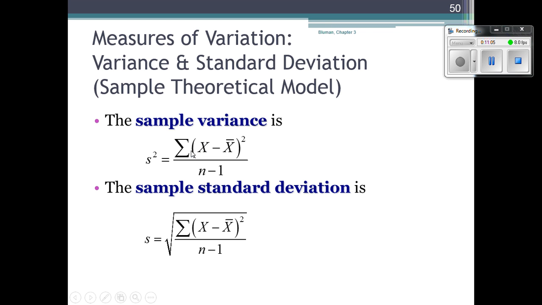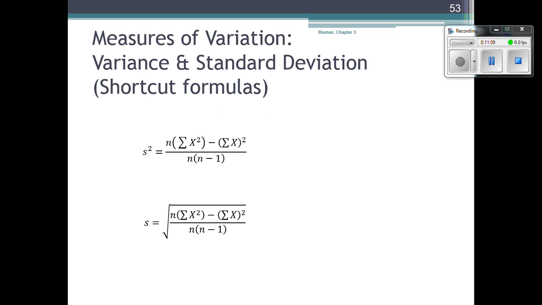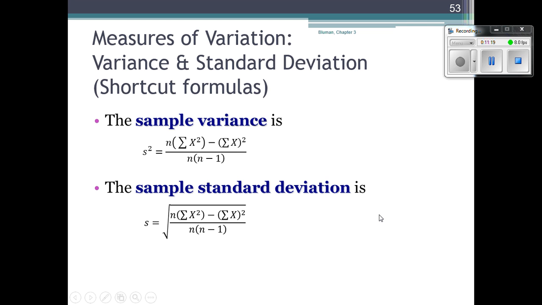Sometimes I'm going to tell you you have to do it this way, you have to do it that way. But as far as mathematically speaking, you will get the same answer no matter what. So I'll give you a second. You need to pause the screen. Go ahead. That's your sample variance. This is your sample standard deviation.